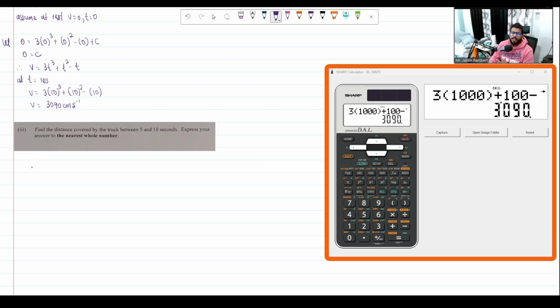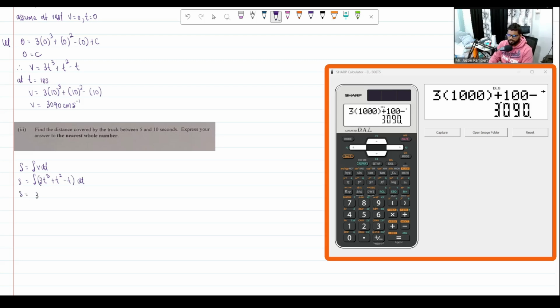Let me go ahead and get a function for displacement. So s is equal to the integral of v with respect to t. This is the integral of 3t cubed plus t squared minus t with respect to t.